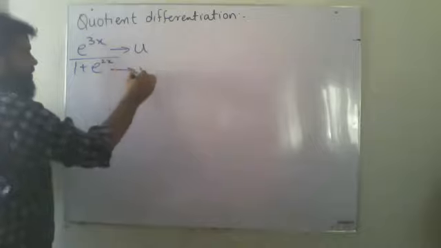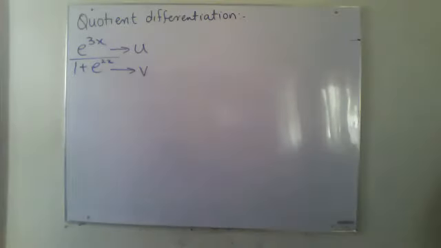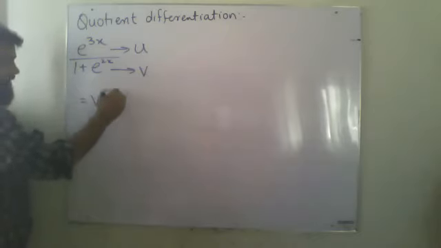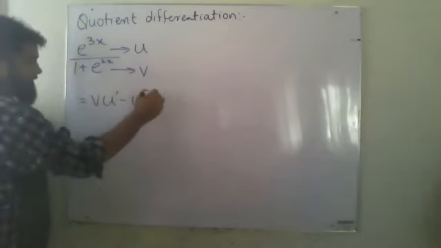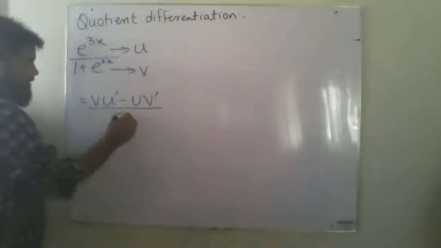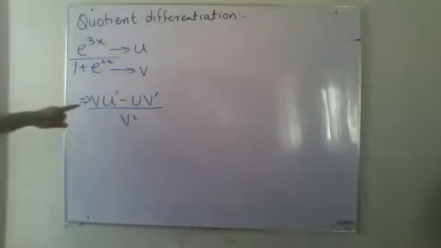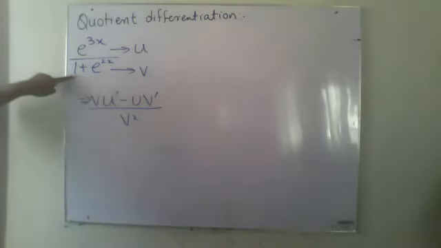U V. Okay. Again, the formula says v u differential minus u v differential over v squared. So first of all, what is your v?